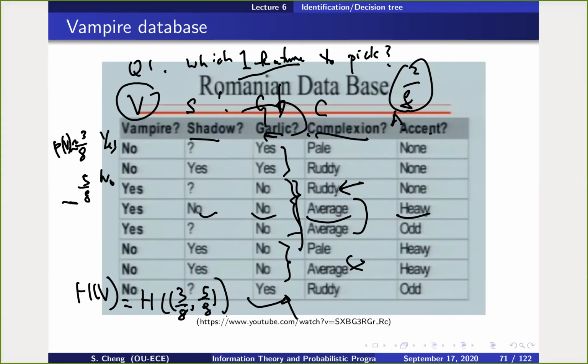So very reasonably, I can look at each of the features, let's say H(V given G), where G is garlic, and compute the entropy for that one, and then for each of the features, I can just pick the one with the minimum entropy, right? That means I have the highest certainty after learning that feature.